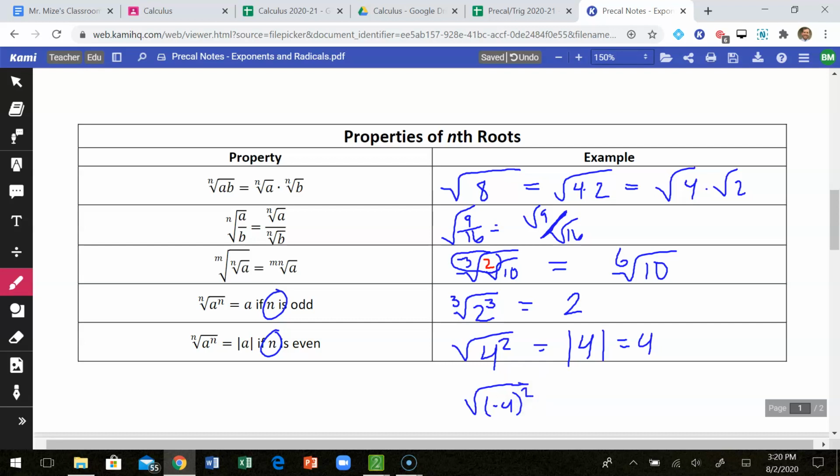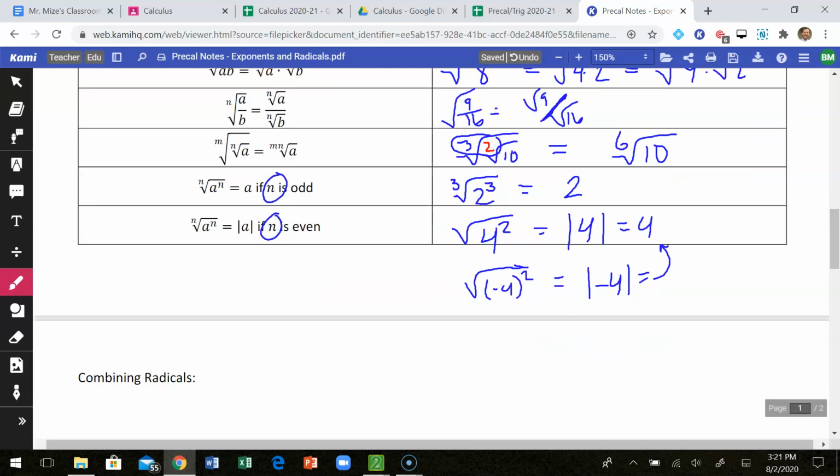Well, because that 2 is on the inside, what this is saying is I would get the absolute value of that instead. I would get positive 4 instead of just being negative 4. So a lot of people think that the square root and the exponent, the square, will cancel each other out. That's not necessarily true if that root is even. You get the absolute value of whatever that number is.